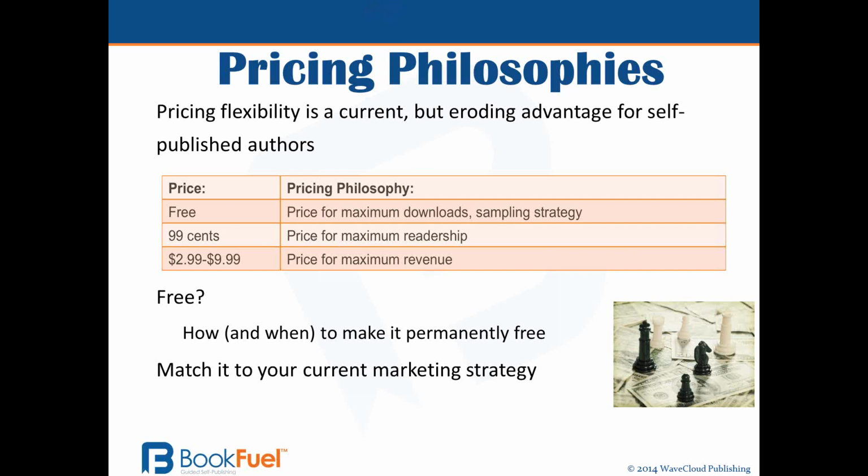The short and long of his talk is this: at 99 cents, you'll get maximum readership, but not maximum revenue. Somewhere in the $2.99 to $9.99 range is where you price for maximum revenue from your book. Meaning fewer people will buy it, but you'll make more per book.